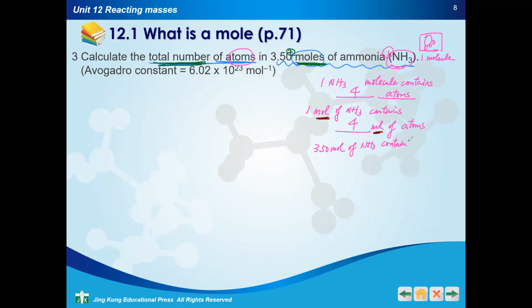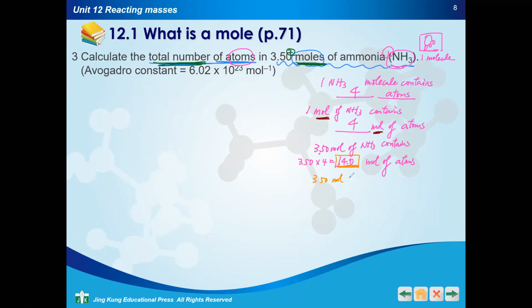How many moles of atoms are there? 14. How do you get 14? 3.50 times 4 equals 14.0. Remember the significant figures. 14.0 moles of atoms.